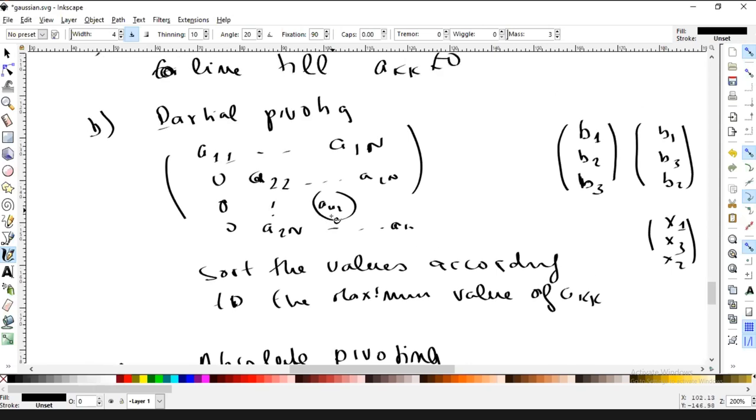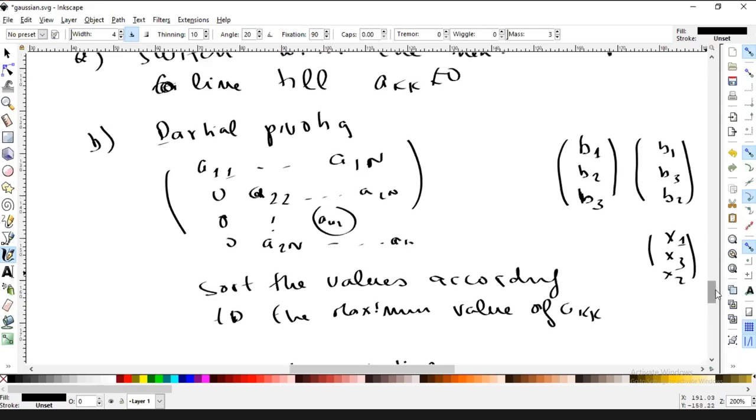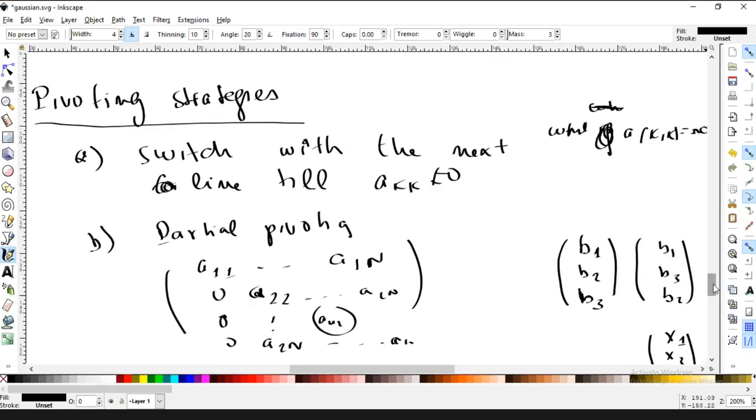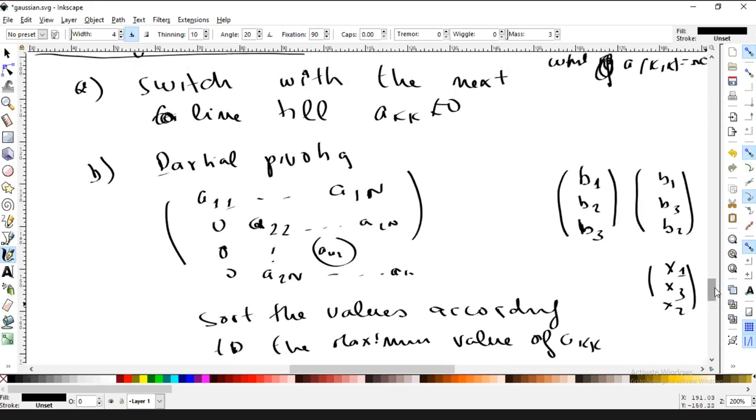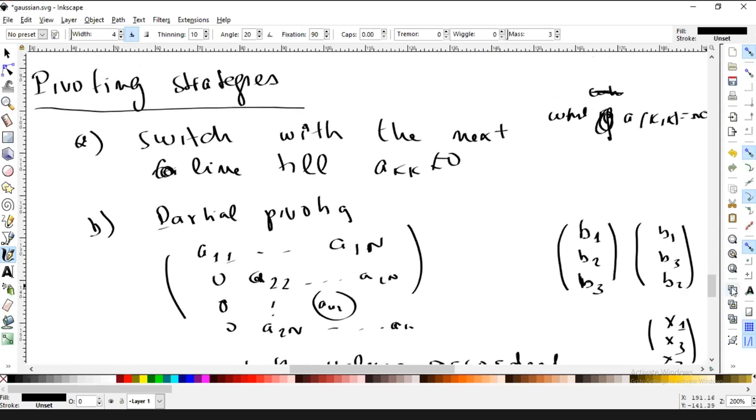As I had A42, I will switch the lines 4 and 2, and I will also switch the columns 4 and 2, so the A42 becomes here. But this means that you apply an operation to your matrix, and you need to apply this operation afterwards to your vector X. So this is more complicated to use. And what I generally use is this one.